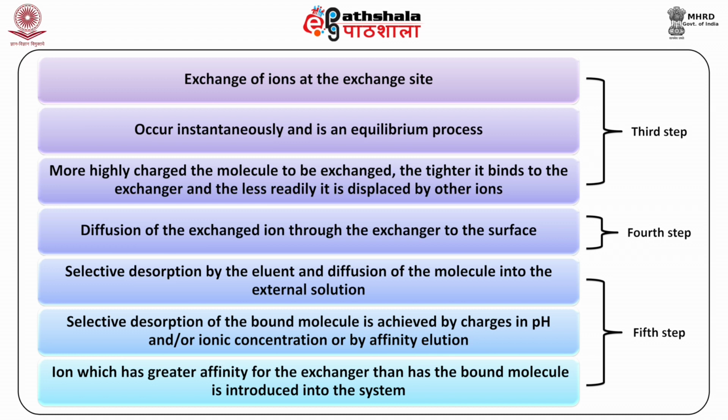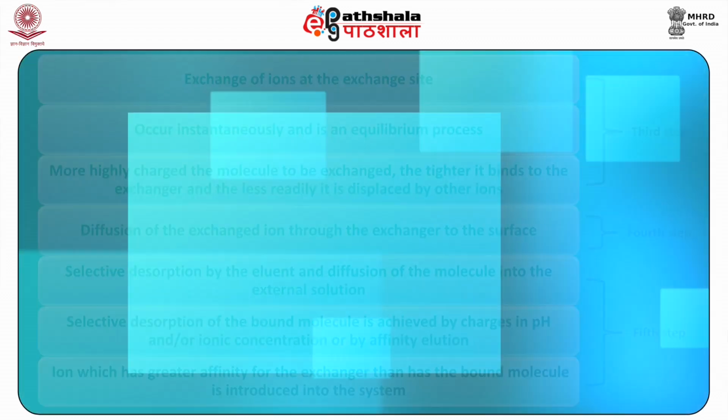The selective desorption of the bound molecule is achieved by changes in the pH and or the ionic concentration, or by affinity elution, in which case an ion which has a greater affinity for the exchanger than the bound molecule is introduced into the system.